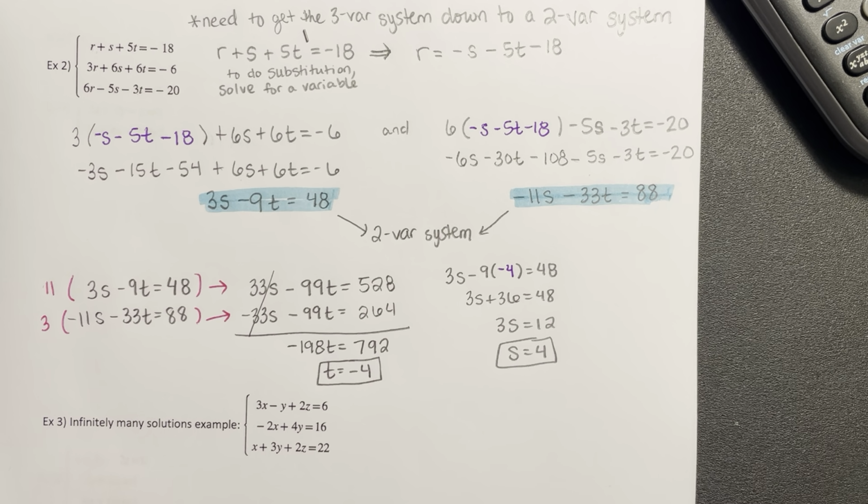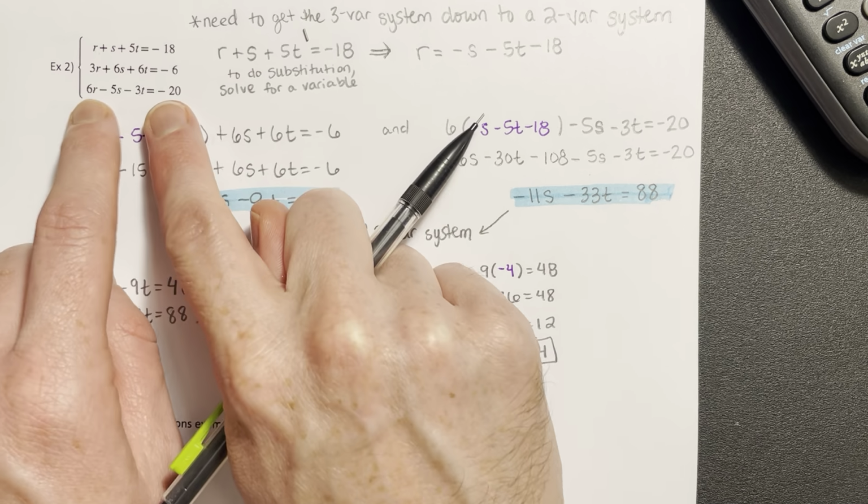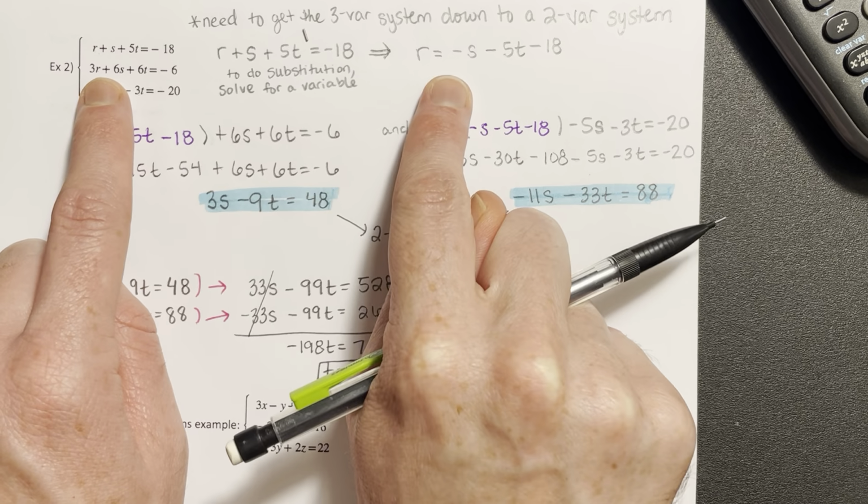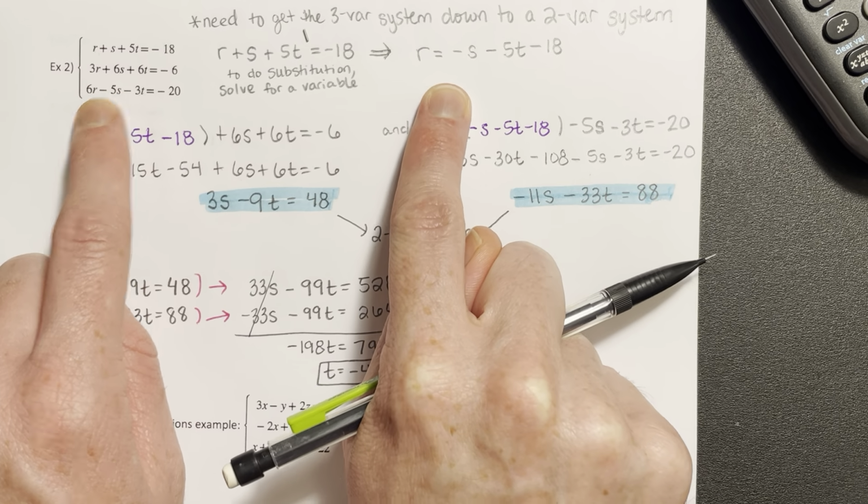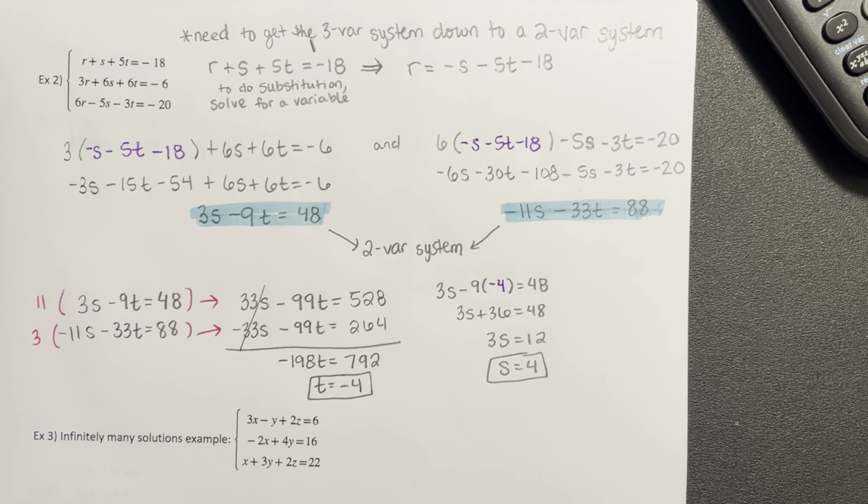We then plug both of those s and t into one of the equations to find out r. Now I can plug it into the original equations. I can also plug it into the one we moved around because it says r is equal to negative s minus 5t minus 18.